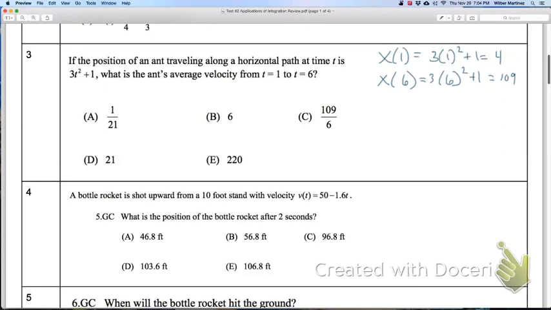So if I look at the average rate of change between these 2 points, that's going to give me the average velocity. So 109 minus 4 over 6 minus 1 is going to be 105 over 5, which is 21. Answer choice D.